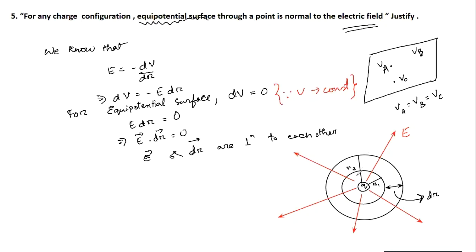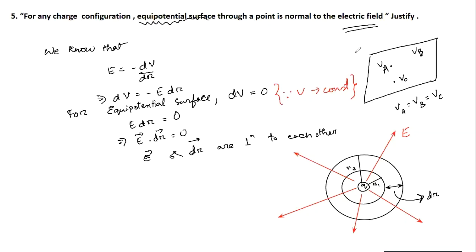If I consider my first equipotential surface, this field line is normal to it. And again, if I consider my second equipotential surface, you can see that the field line is again normal to the second equipotential surface. Similarly, this displacement is normal to that particular equipotential surface. Okay. So this is how you are going to justify this particular statement.